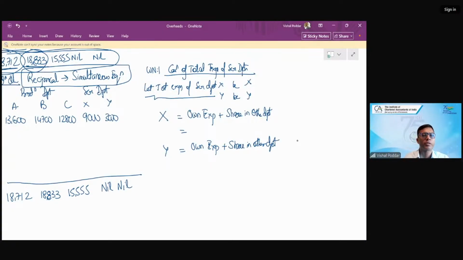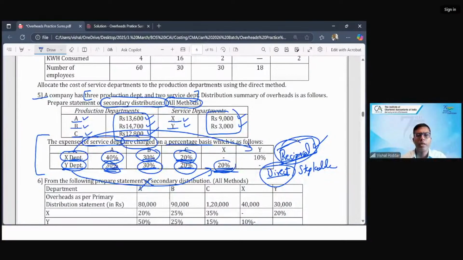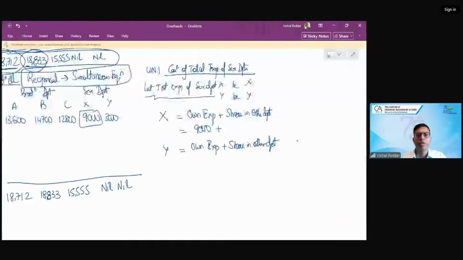Now, what is the own expense of X? X's own expense is 9,000 plus how much X is getting from Y? X is getting 20% from Y. Now, the equation will be X, that is the total expense of department X, is equal to own expense plus 20% of Y. This is my first equation. Similarly, what is the second equation?